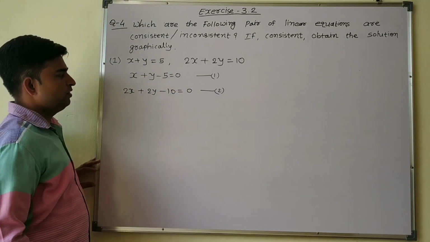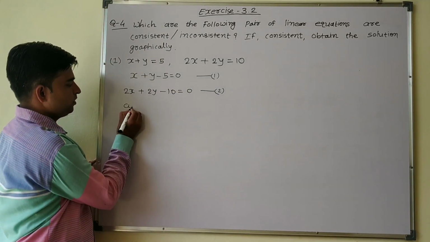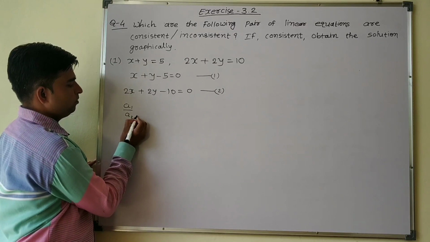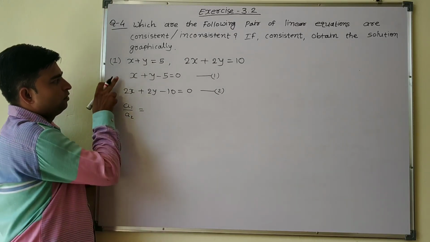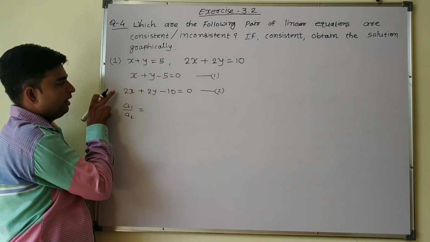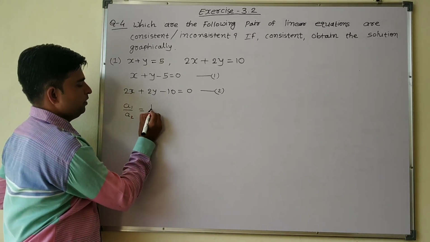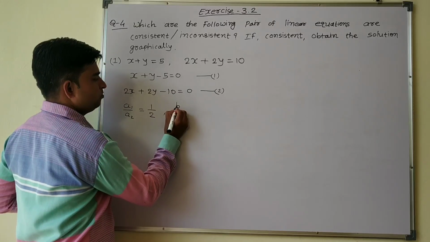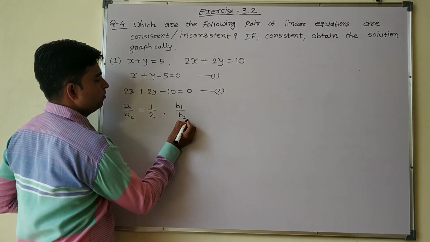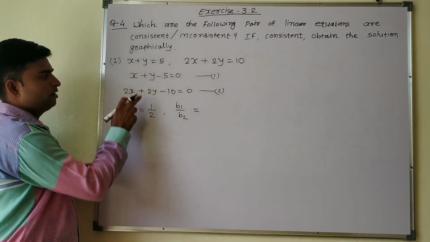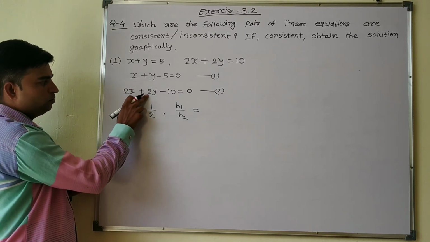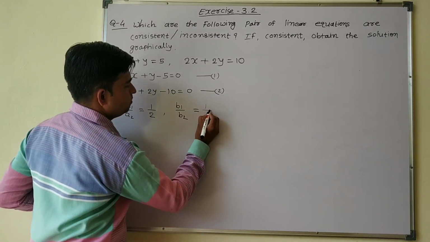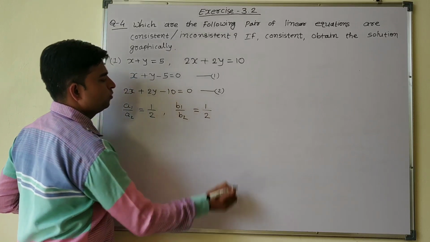Now we have to find the ratios. The first ratio a1 upon a2 is equal to, from here a1 is 1 and a2 is 2, so it becomes 1 upon 2. Then the second ratio b1 upon b2, from here b1 is 1 and b2 is 2, so it is also 1 upon 2.